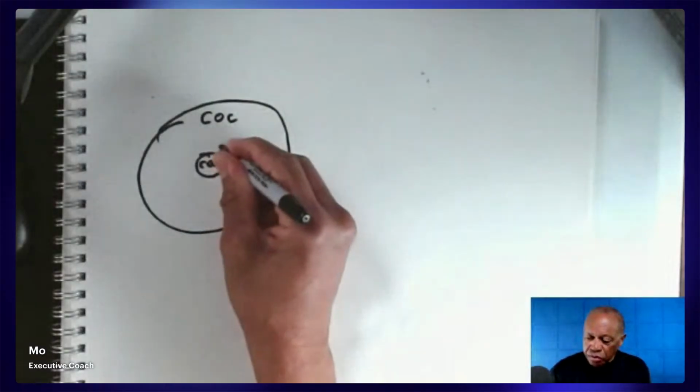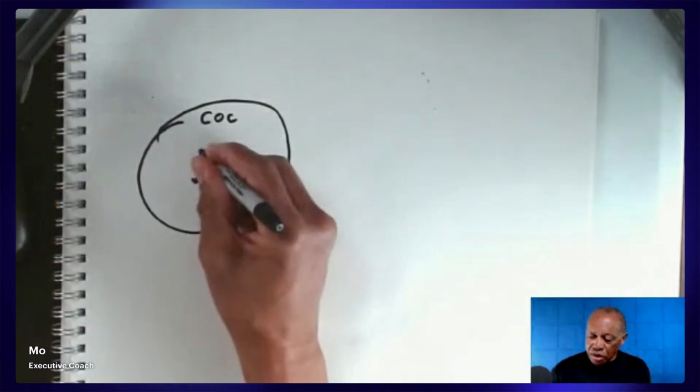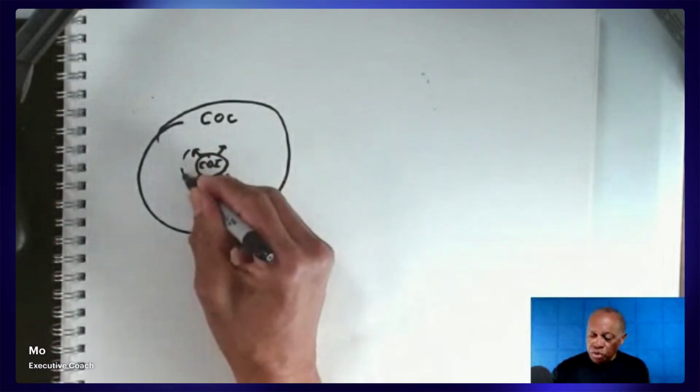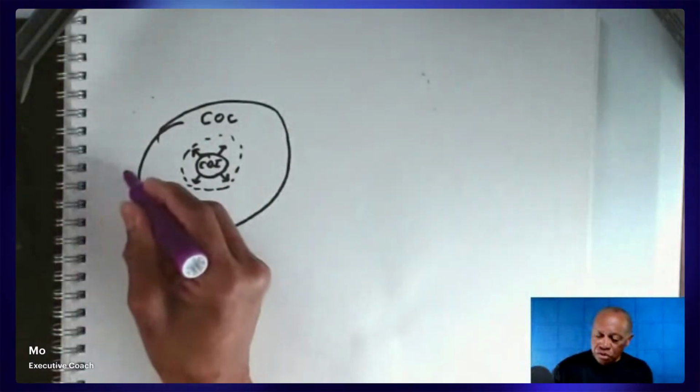In this circle of influence, we want this to expand. This shows up as initiative. It shows up as taking ownership. It shows up as moving the action forward. So as you expand your circle of influence, by definition, you're going to be increasing your circle of concern.